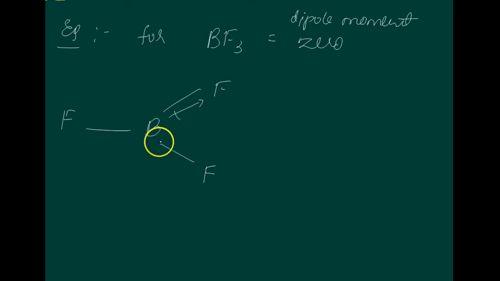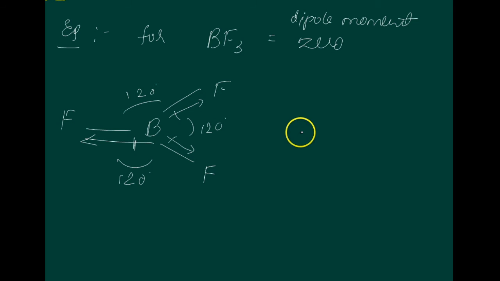This is how we represent it, as I explained just now. There is 120 degrees between each pair, so the bonds are oriented at an angle of 120 degrees to one another. The three bond moments give a net sum of 0, as the resultant of any two is equal and opposite to the third.